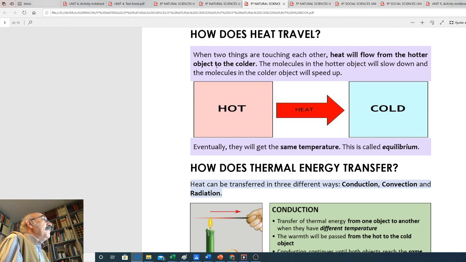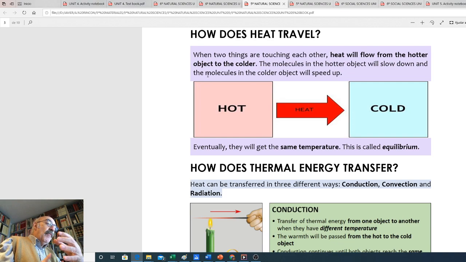You can read this part. So when 2 things are touching each other, heat will flow from the hotter object to the colder. So heat travels from the hotter object to the colder one. Why? Because you have a body, you have a liquid or a solid, and with a temperature.